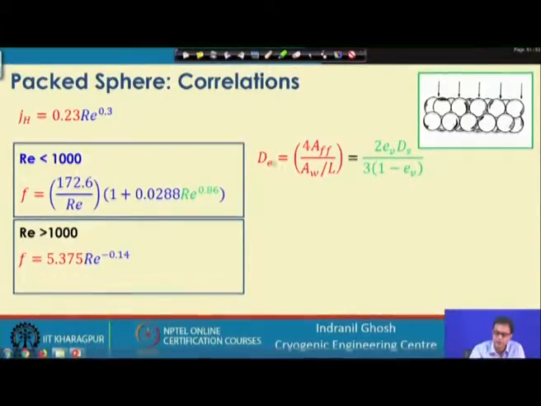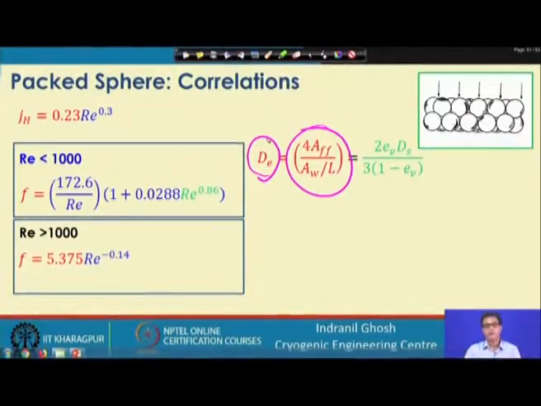It is defined as 4 times the free flow area divided by the heat transfer area per unit length, and it is finally correlated to this correlation. Here, Ev is the void fraction available inside this packed bed, and ds is the mean or average diameter of these spheres.